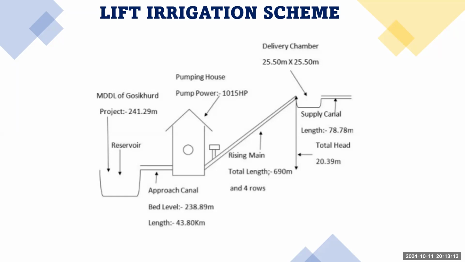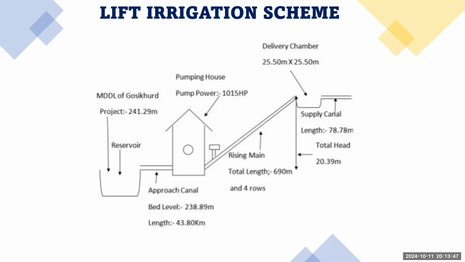In today's lecture, we are going to discuss the fourth type of minor irrigation scheme, that is the lift irrigation. When we talk about minor irrigation schemes, a lift irrigation scheme may be a minor irrigation scheme or it may be a major irrigation scheme. Up till now, it is clear to you that minor irrigation schemes cover a small area.